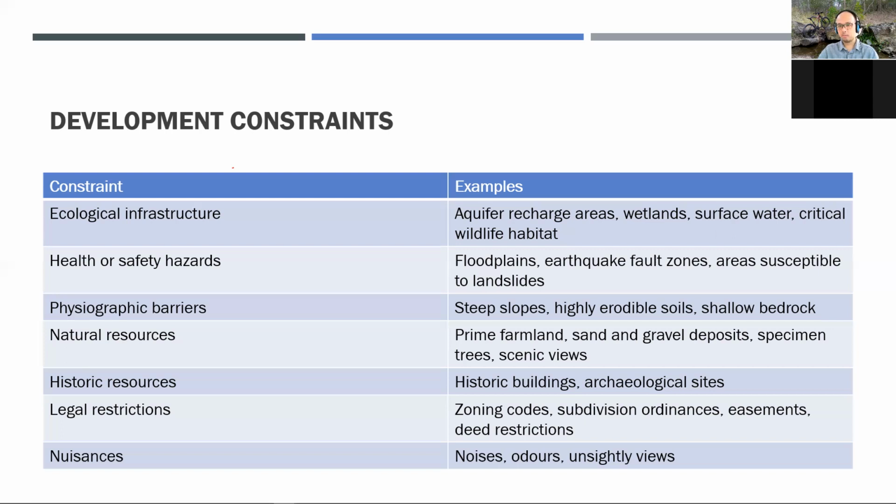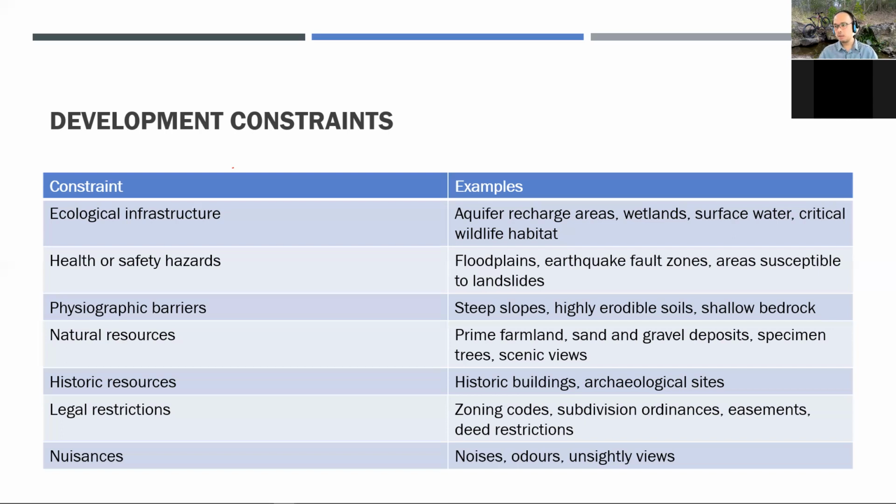Environmental impacts of building in difficult sites can include soil erosion, groundwater contamination, and degradation of critical wildlife habitat. Consequently, sites with significant physiographic constraints may be economically and perhaps even politically unfeasible to develop.